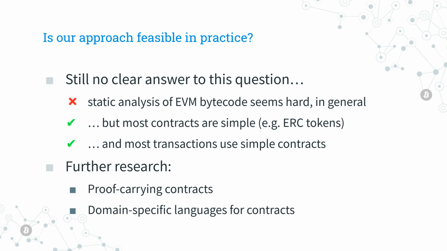Note that even if static analysis were unfeasible, there are other approaches to improve the concurrency of contracts. For instance, some miners could accept, when a contract is created, a proof about its read-write behavior. This proof could be verified by the miner once, and its results used every time that contract is called.